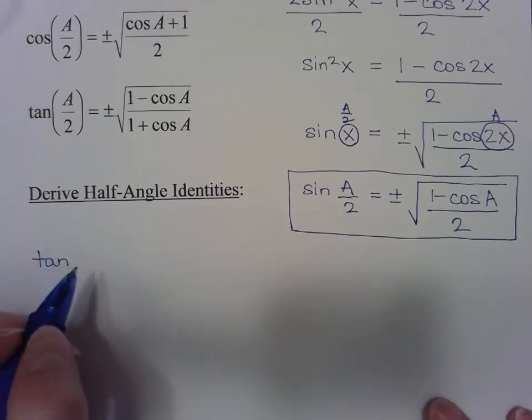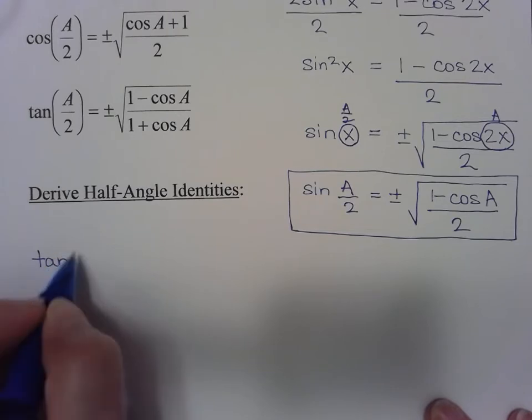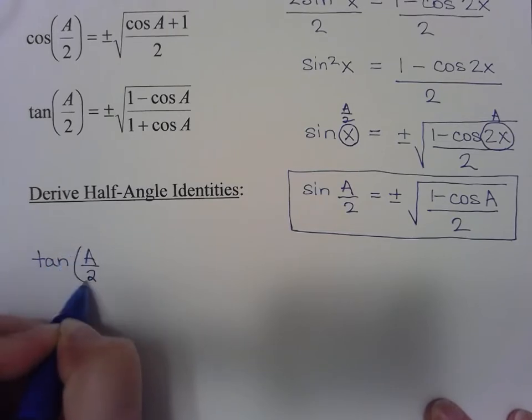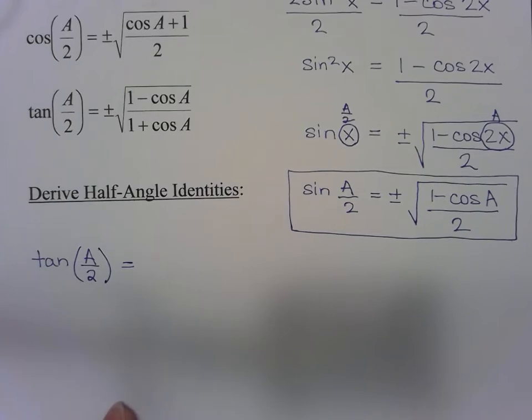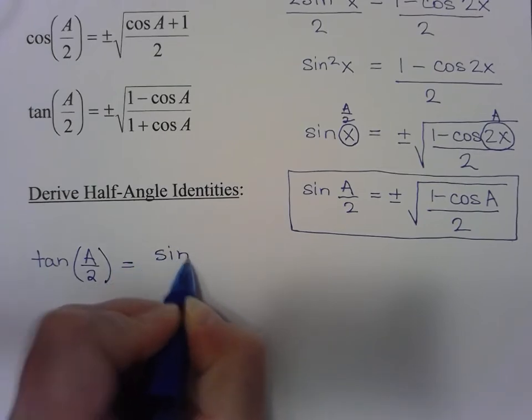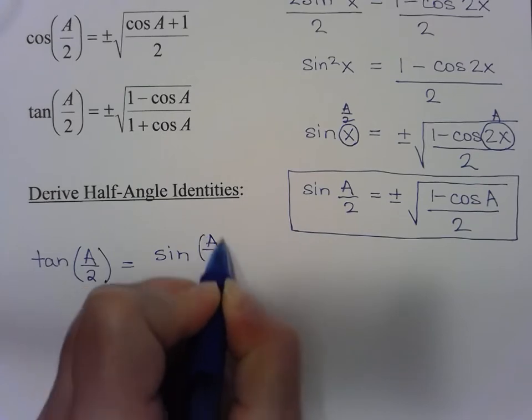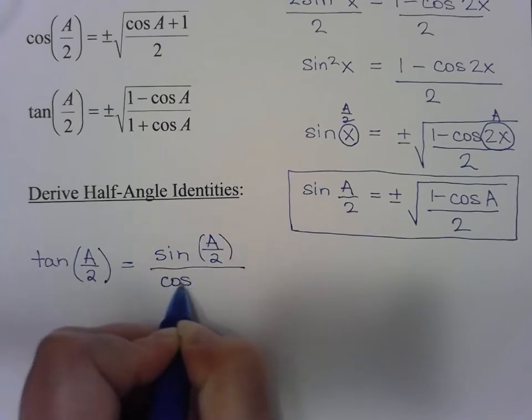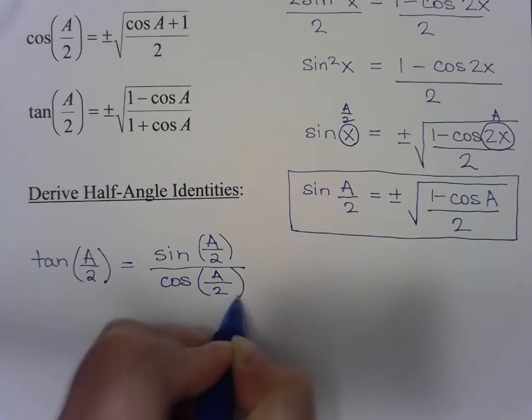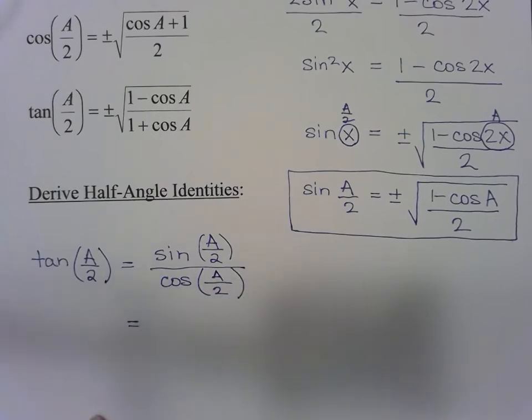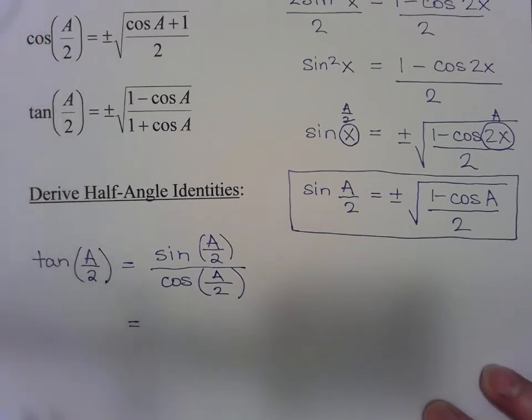So if I want to do the tangent of A over 2, I know that the tangent is equal to the sine over the cosine. So when I do the sine over the cosine, I'm just going to put in the formulas that I just derived, right?